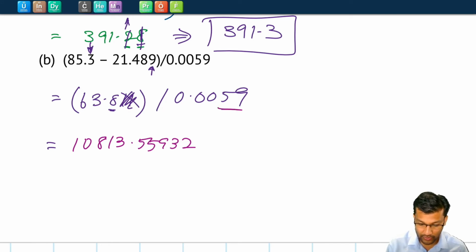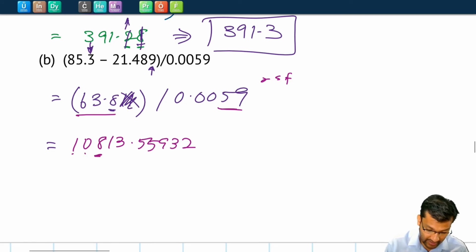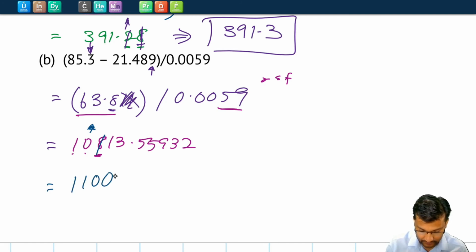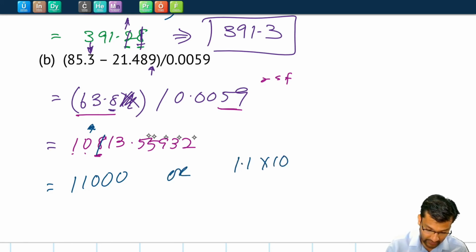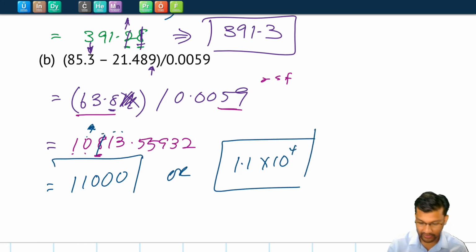Here there's 2, here there's 3, so our answer should have 2 significant figures. So 1, 2. We look at the digit one over. It's more than 5, so we need to round up. So we can write 11000 to 2 significant figures. Or we could use scientific notation and just write 1.1 times 10 to the 4. Either would be correct because they're both answers to 2 significant figures.